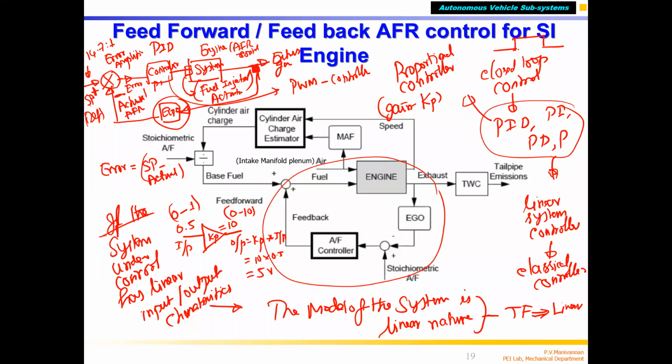Pulse width duration will be varied from, for example, 0 to, say, 5 milliseconds maximum. So the injector opening duration depends upon the air-fuel ratio you want to maintain, the set point. The controller, based on the input error, multiplies 10 times.